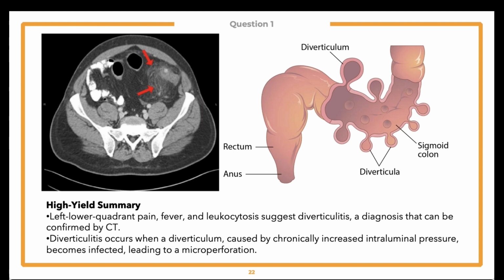Because they form where a vasa recta penetrates from the serosal side of the bowel, they're structurally weaker than the rest of the colon. That really leaves them vulnerable to microperforation. And all of these factors obviously increase the risk of diverticular bleeding, right? So the image shows diverticular disease and the area of abnormality.